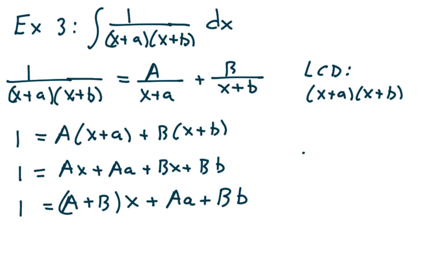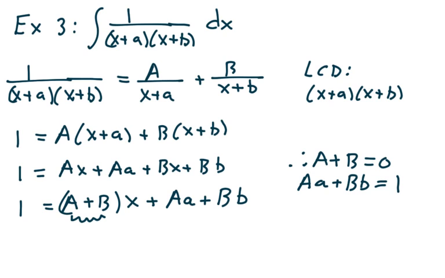Now, what that tells me is A plus B has to be 0. So the coefficient of x has to be 0. So when we take the uppercase letters and add them, it's 0. And then when I take A times lowercase a and B times lowercase b and add those, I get 1.